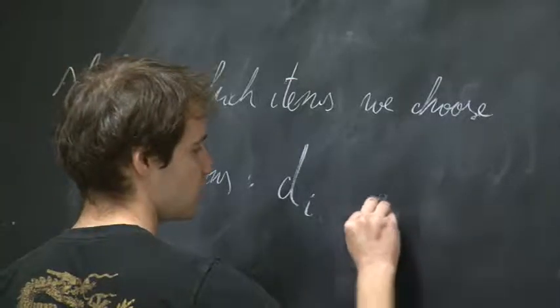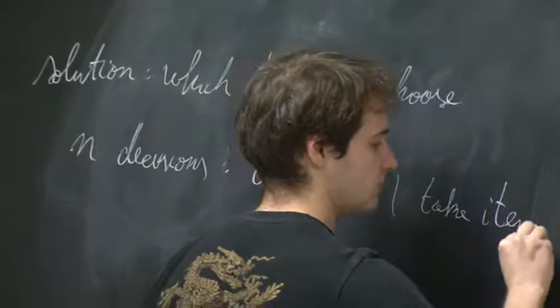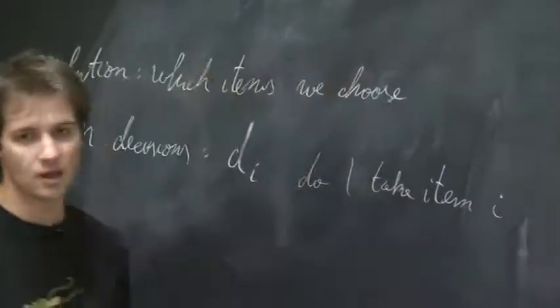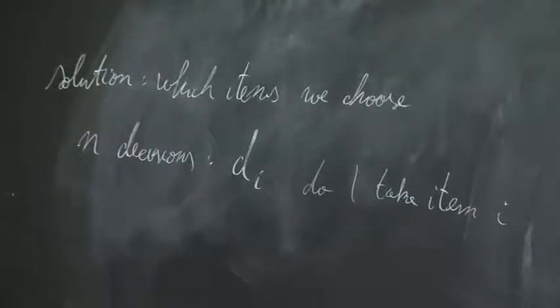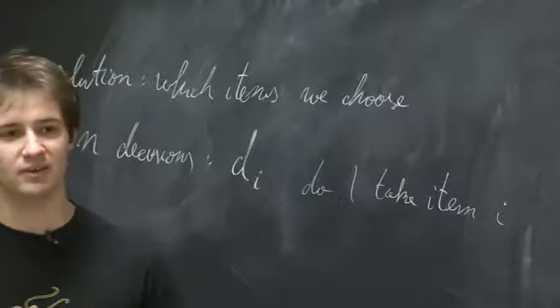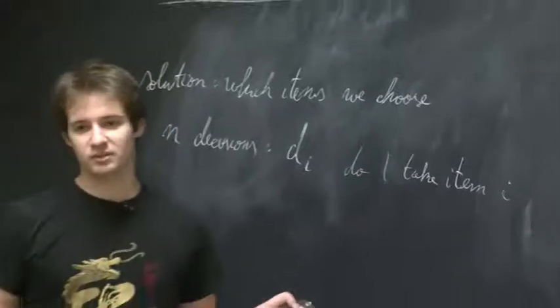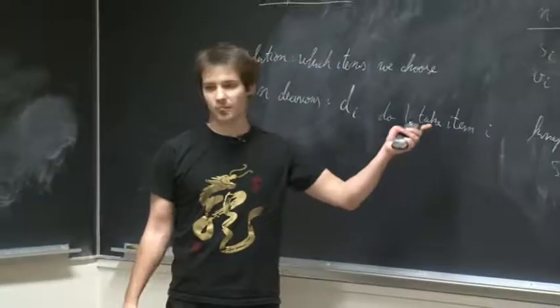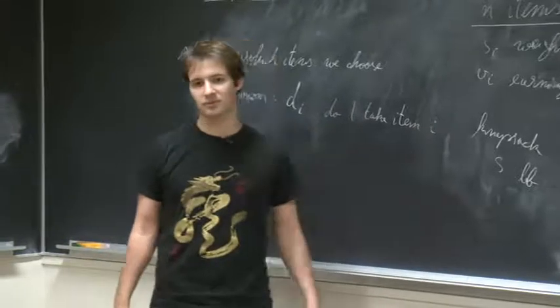So d_i says, do I take item i? So now this looks more like a game. You're on a TV game show, and you get asked n questions. Do you want to take this item with you? Yes or no? If you somehow manage to get items that are more than S pounds heavy, you get shot, you don't make it to the end of the game. Otherwise, when you leave the game, you make some money, and the money that you make depends on what items you took with you.